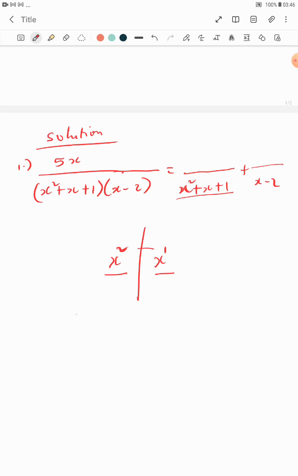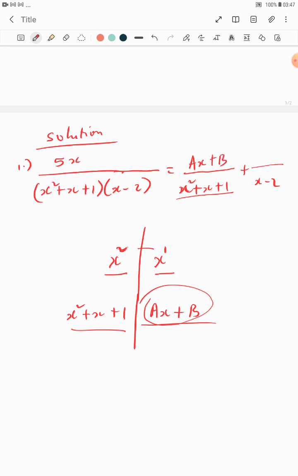So that means that if you have x squared plus x plus 1 in the denominator, what you can have in the numerator is something of this form, ax plus b, such that if this one is a quadratic, this one will be linear. That's how the numerator of this kind of quadratic function can be. So this can be written as ax plus b, because the power of x here is 1, and the difference between the power of x in numerator and denominator is already 1, that is 2 minus 1.